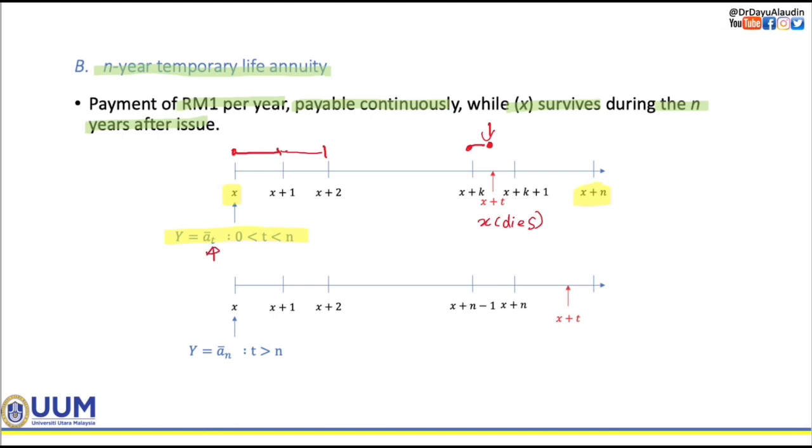However, for the second case, after N years, X dies. So N years is here, and the death happened after N years. So the annuity will be paid until N years because it's temporary.